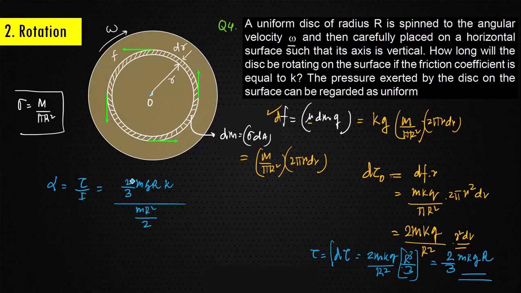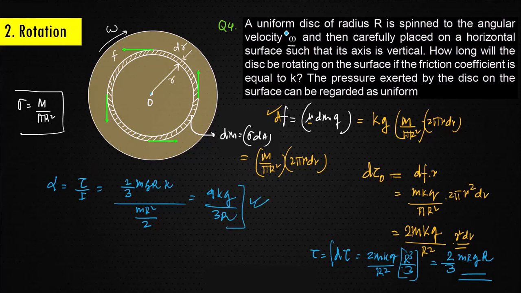Corresponding to that, I get 4 kg divided by 3R. 4 kg by 3R. That is the value of alpha, the retardation.